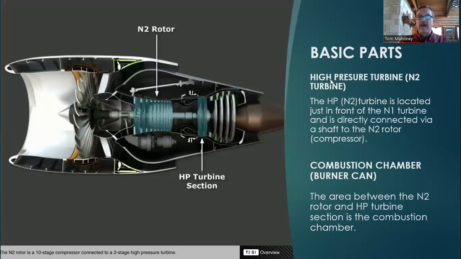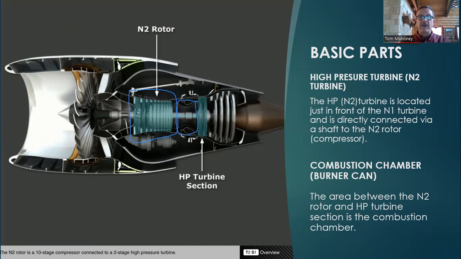More basic parts: the high pressure turbine is the N2 turbine. The N2 turbine is located right here. We've talked about that, and it's the high pressure turbine. And then we also have the combustion chamber right here.